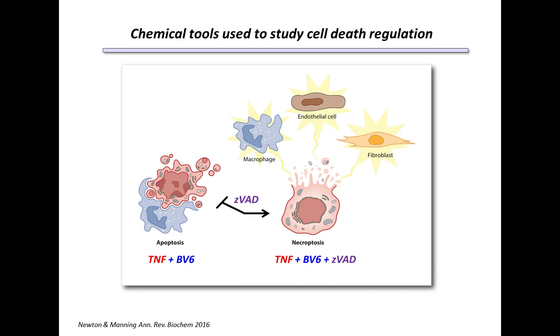Now, this will induce caspase activation and lead cells to die through apoptosis unless those cells are treated with the caspase inhibitor ZVAD. Now, what ZVAD does is not prevent cell death altogether, but rather shunts those cells into a new pathway of cell death known as necroptosis. And so for inducing necroptosis, we're going to refer to those cells as having been treated with TBZ, that is the combination of TNF, BB6, and ZVAD.